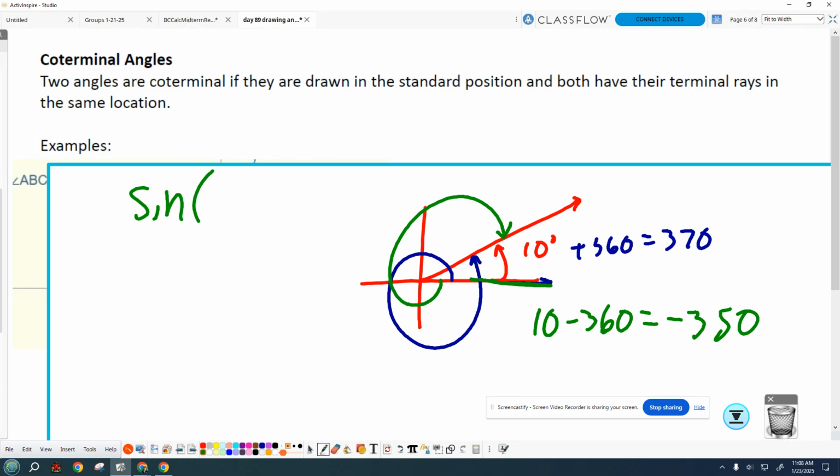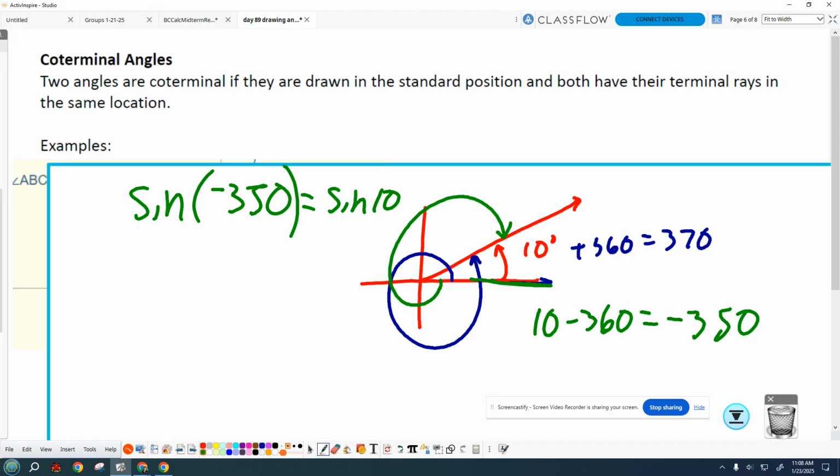So Jack, here's one, if I said, what's sine of negative 350? It's not on the unit circle, but if I gave you a multiple choice, what is it equal to? It's gonna be equal to sine of 10.